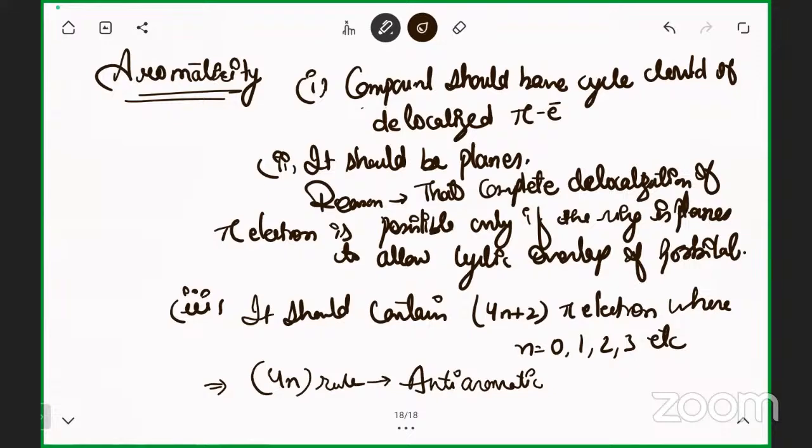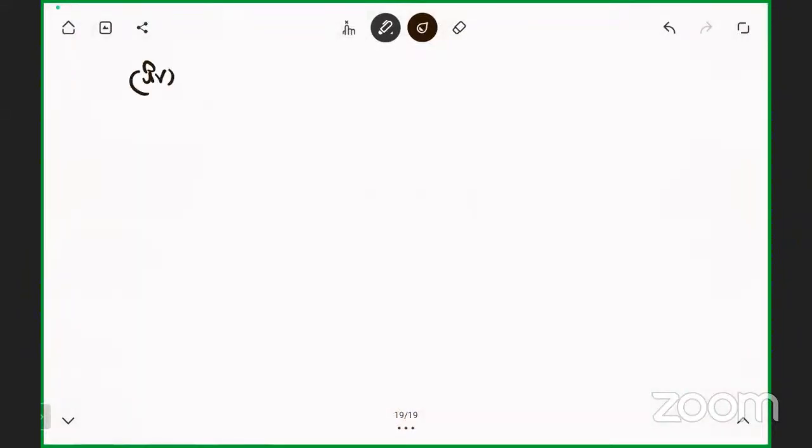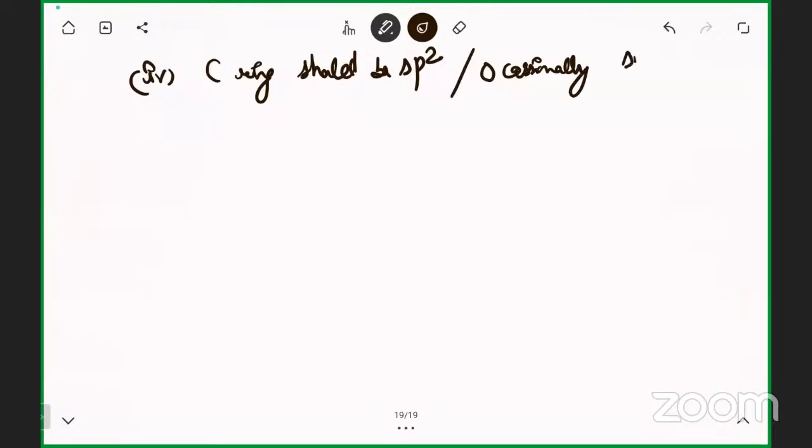Okay. Some conditions are also there. The fourth condition we can say is that the carbon in the ring should be sp2 hybridized. And in some cases, occasionally, it can be sp hybridized. If a double bond is present, obviously it's sp2 hybridization.